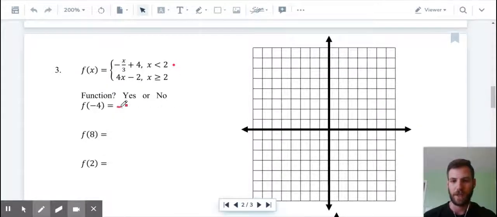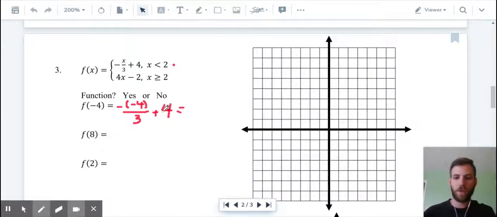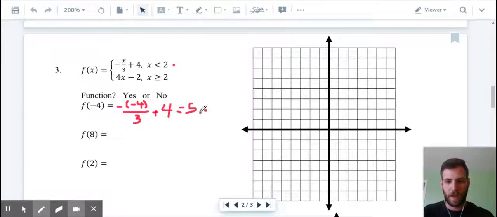So it would be negative 4 over 3, which would basically become 4/3, plus 4. And we can just grab a calculator and do 4/3 plus 4 and get 5 1/3, or about 5.33.